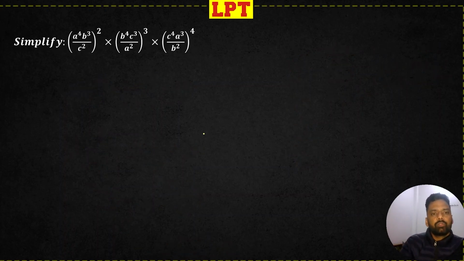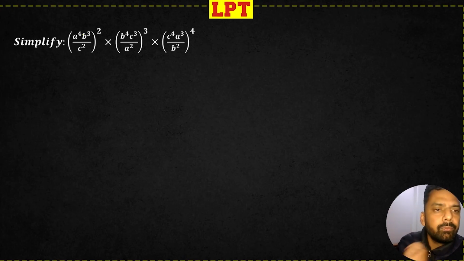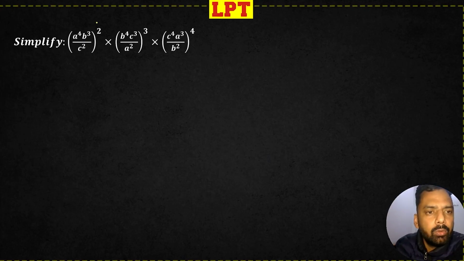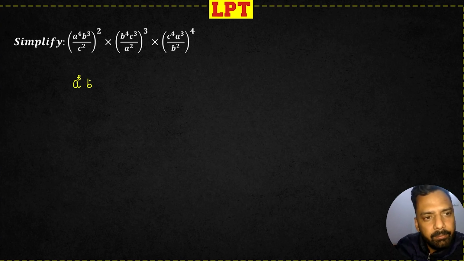Let's see, here we have to simplify this equation. Now see, in this equation I have a to the power 4, b to the power 3, c square whole raised to power 2. Okay, so I can write it as a to the power, see 4 into 2 8, and b will become 3 2s are 6 and नीचे आपका आ जाएगा c to the power 4.